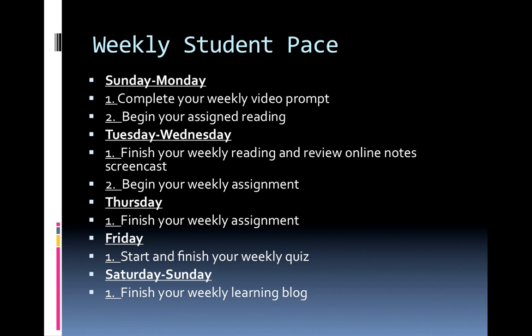They'll watch a video prompt of roughly 5 to 10 minutes, and then they will begin their assigned reading. What I would encourage some students to do at this time is also view the notes, which are screencast.